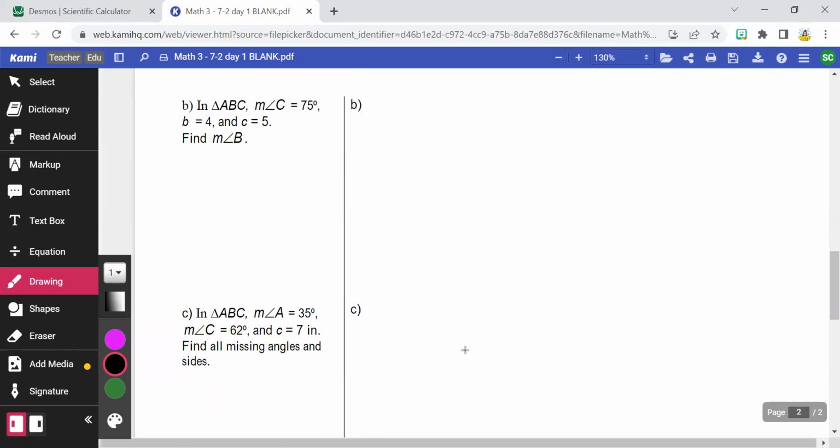So let's draw out triangle ABC. Notice that I always start on the bottom left and go clockwise. It doesn't matter though. So measure of angle C is 75 degrees. So we've got 75 degrees here.